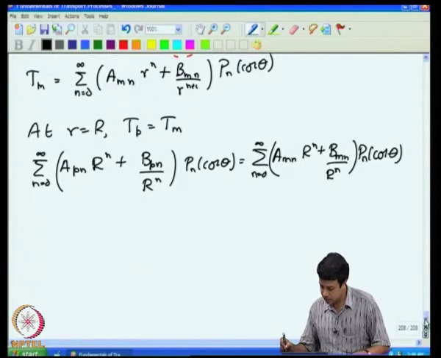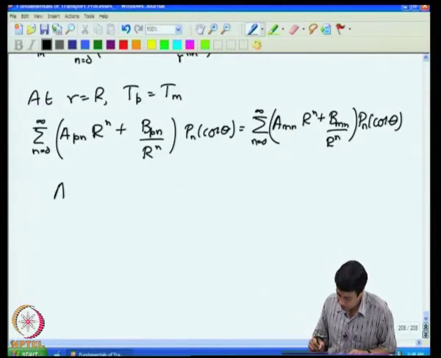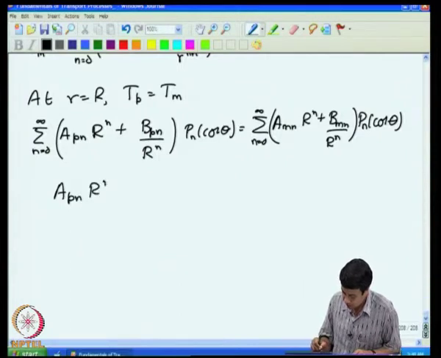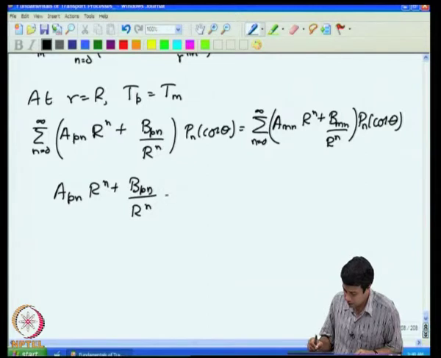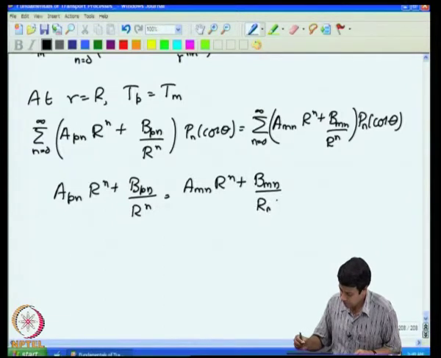Since the Legendre polynomials are all orthogonal to each other, I can multiply this entire equation by Pm of cos theta and integrate, and I will just get that the coefficients are equal. That is, Apn r power n plus Bpn by r power n plus 1 is equal to Amn r power n plus Bmn by r power n plus 1.